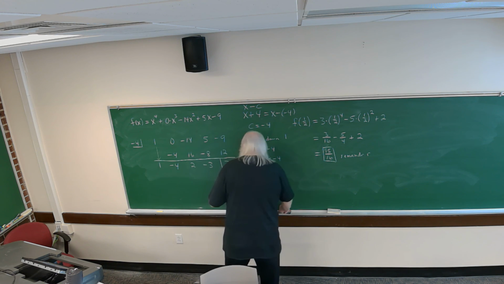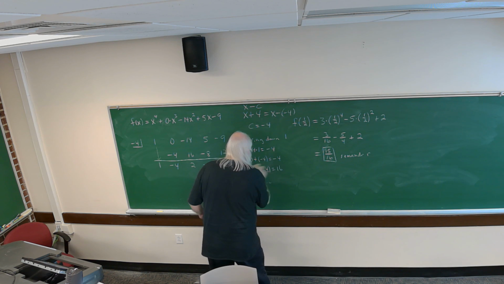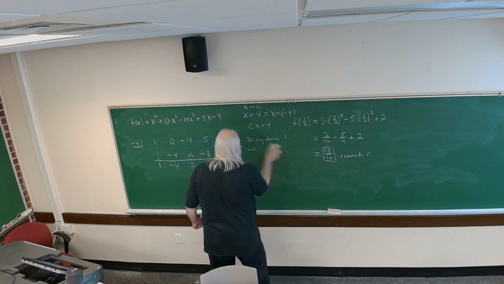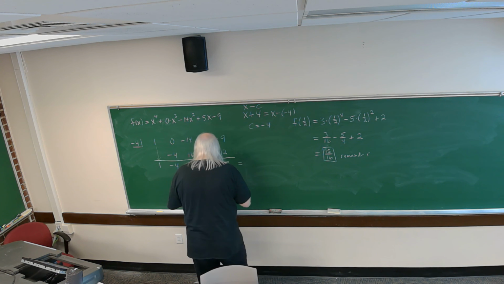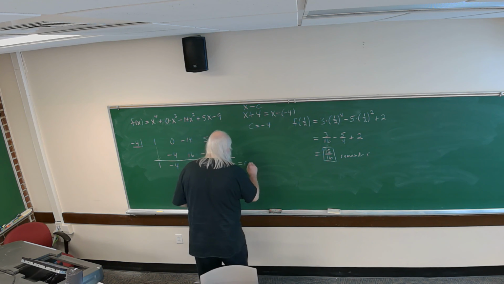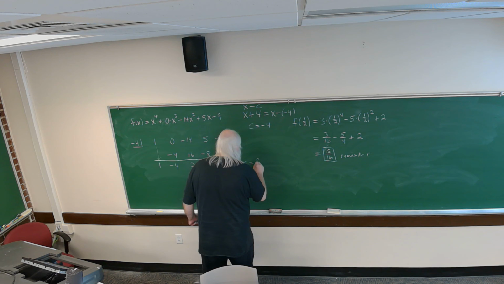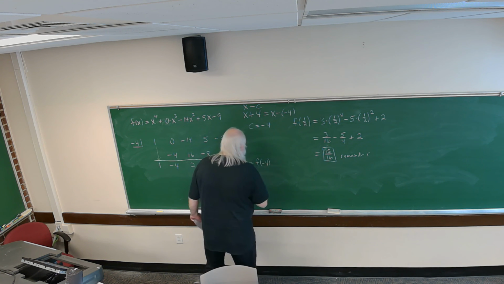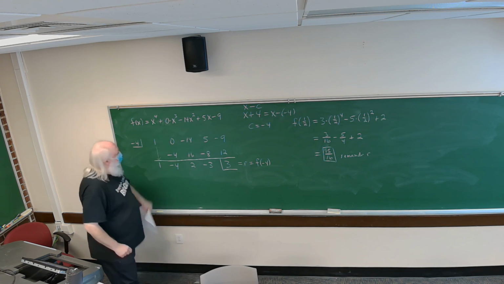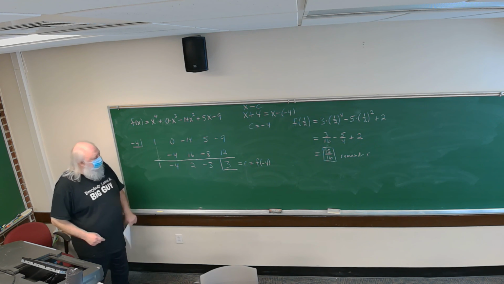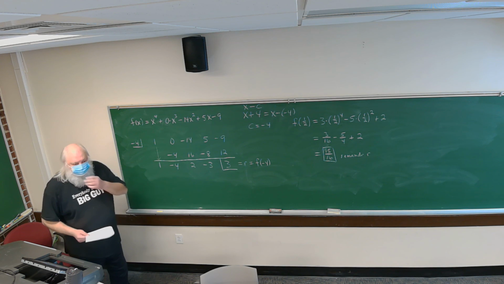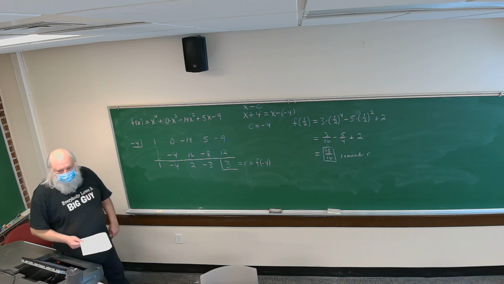So 3 here is equal to R, the remainder, which should be the same as the function evaluated at minus 4. Put in minus 4 up here, and you should get R is equal to 3 from the remainder theorem. Okay?